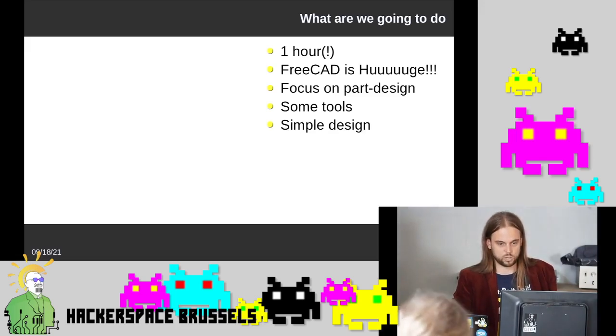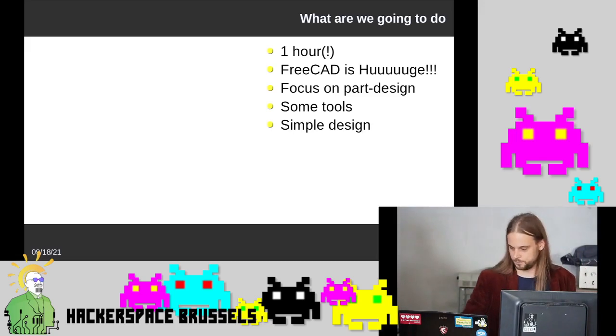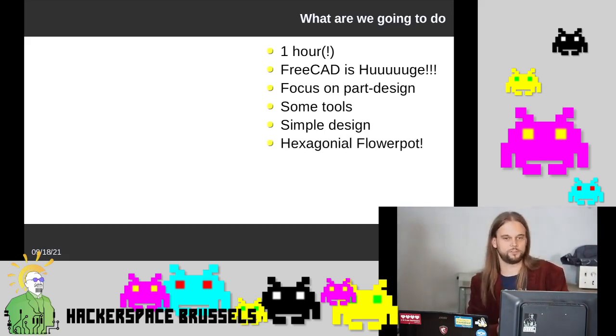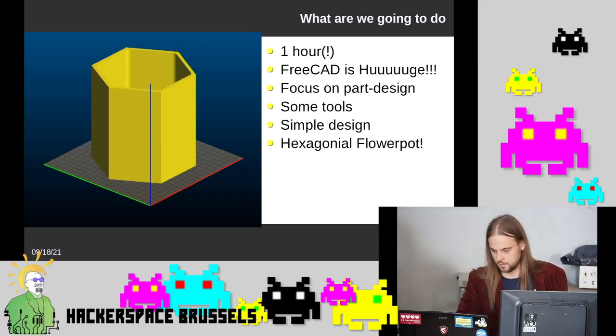So we're going to limit ourselves to a rather simple design that I hope we can do in an hour, and that uses some of the tools as described. We're going to make a hexagonal flower pot. Sounds more interesting than it is, but it's just a little flower pot. Easy, complete. You can print it afterwards if you want to.